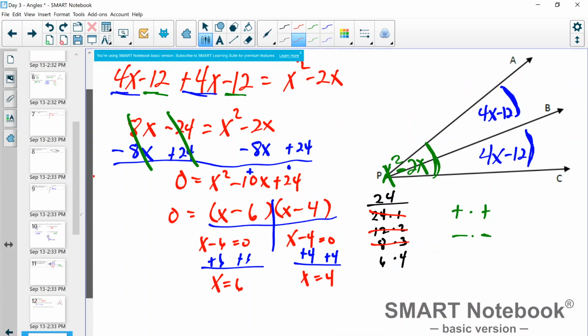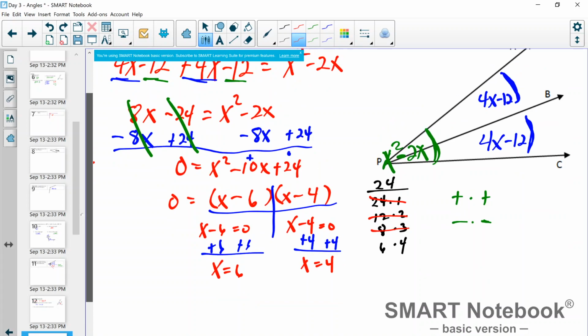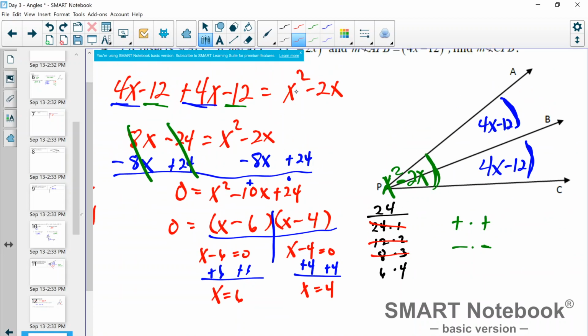Well, if I think about it, x squared, if I were to plug in 6, I would get 36 minus 12, so I would get 24. And then if I plug 6 over here, I get 24 and 24 makes 48 minus 24, so I get 24.